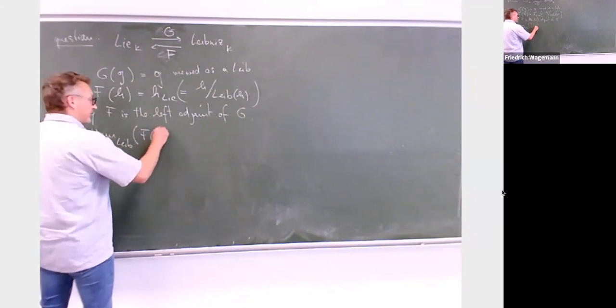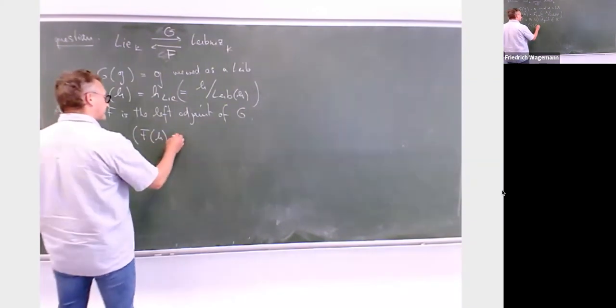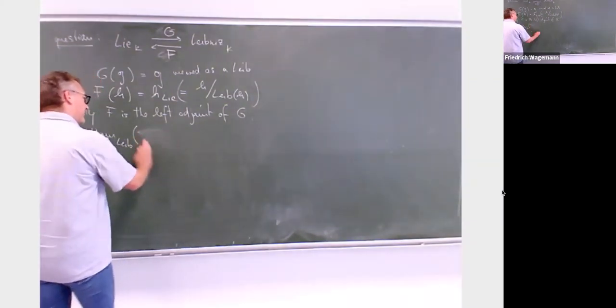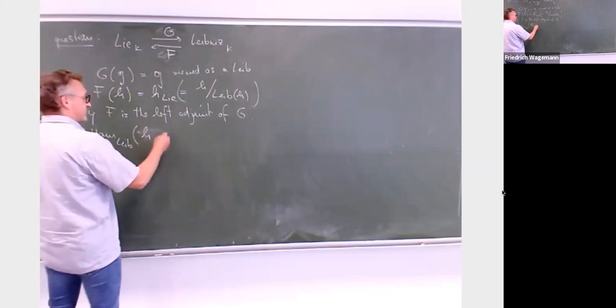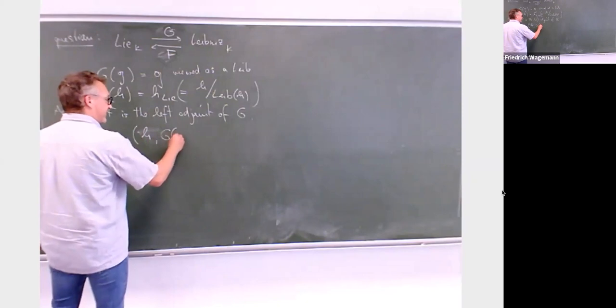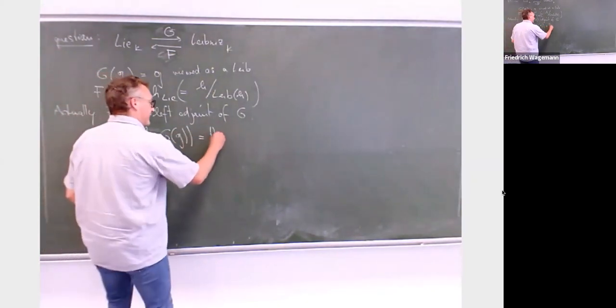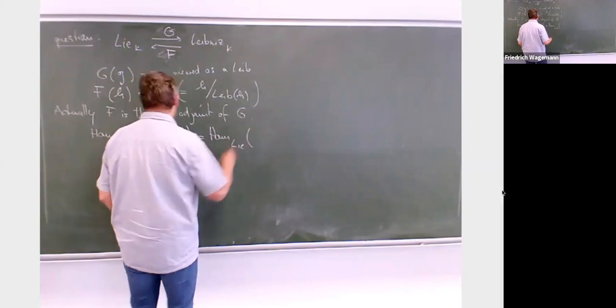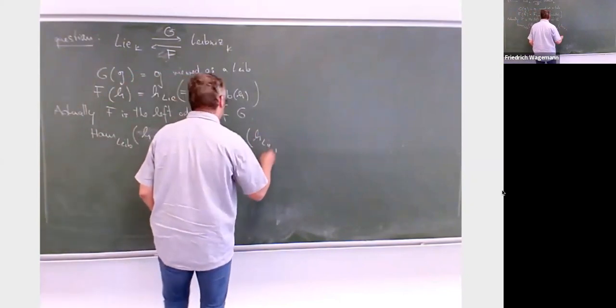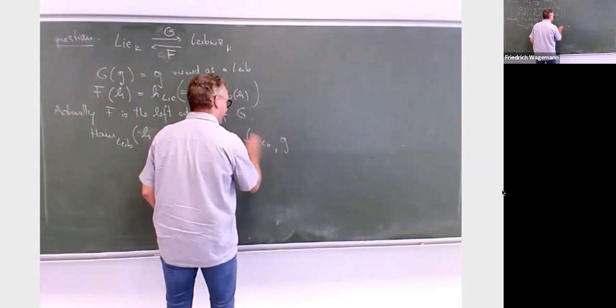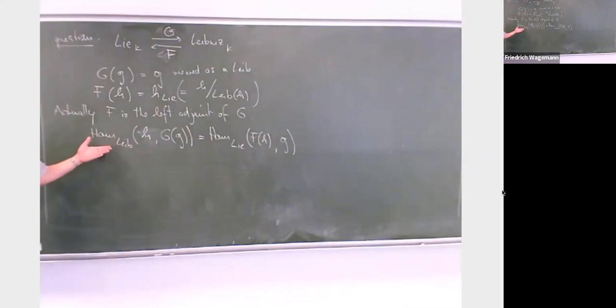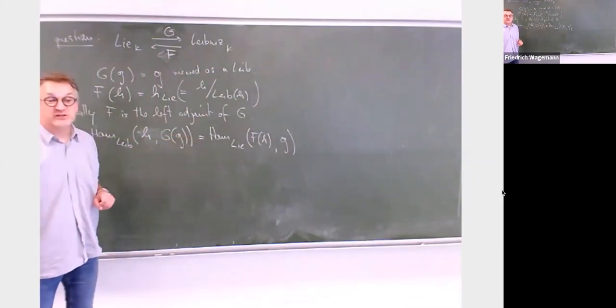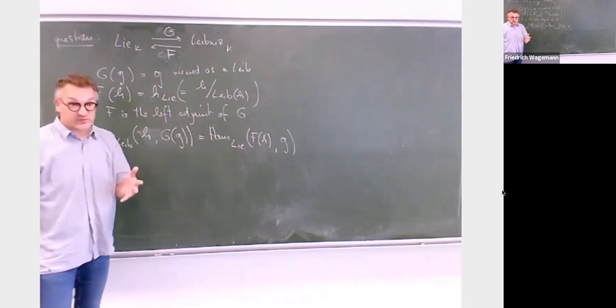You have to show that Hom_Leib(H, G(g)) should be Hom_Lie(F(H), g), and this must be a bijection which is functorial. I will not talk about the functorial nature of this bijection, but this is rather clear.